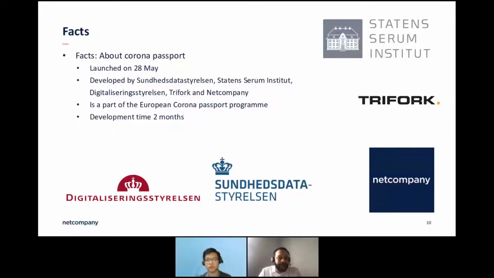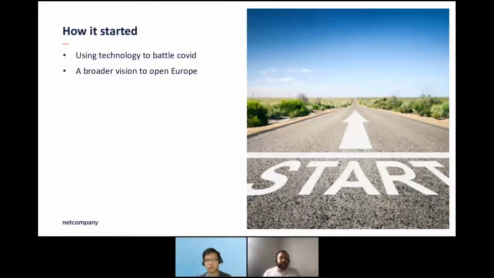But yeah, so how did all of this start? I think from the beginning of the Corona pandemic, we had a vision in the company that we wanted to use technology to battle COVID. The first app we did was a test and trace app, where we used Google Apple technology to pinpoint which people you have been close to.